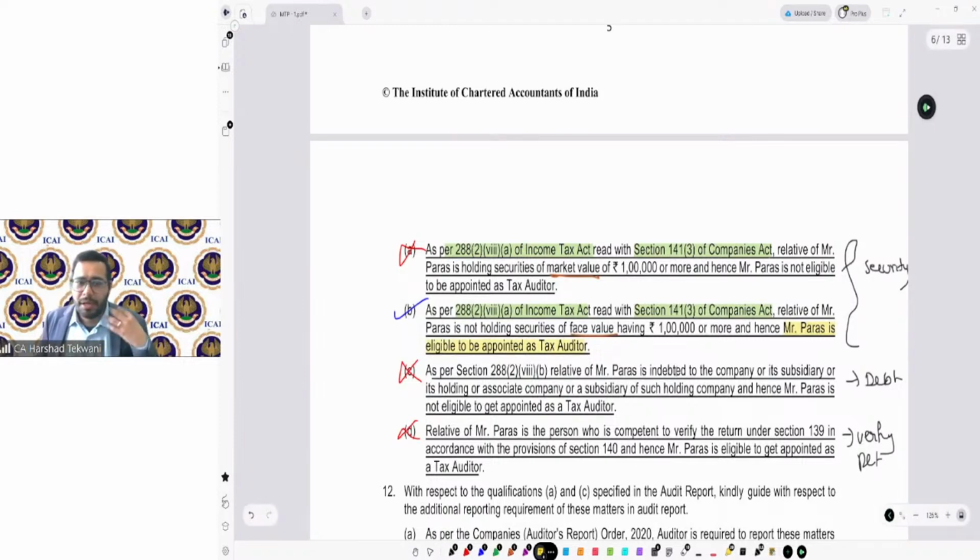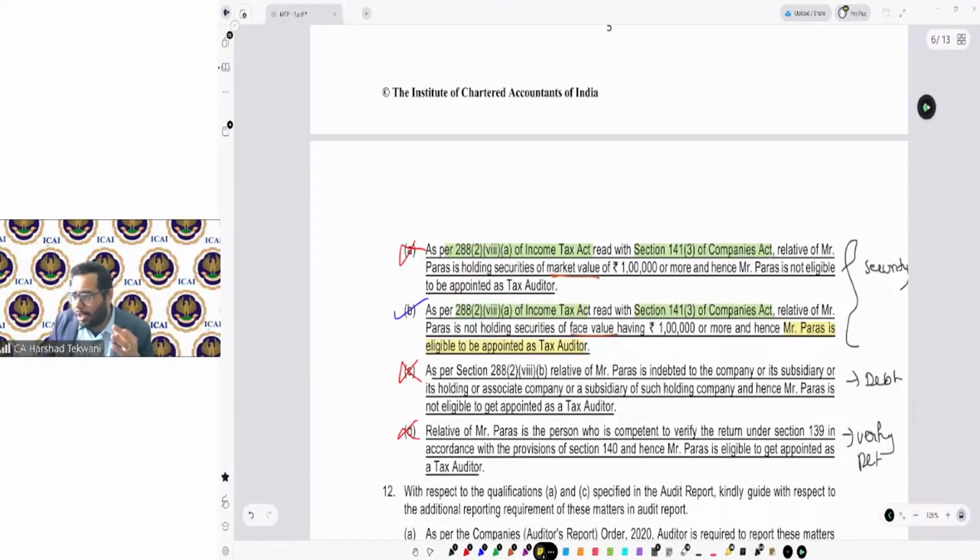Calculation will give you the answer. Plus, if you have read the options, by eliminating the options you can also get the answer. Now, why not B? B says that a relative of Mr. Paras is the person who is competent to verify the return under section 139.